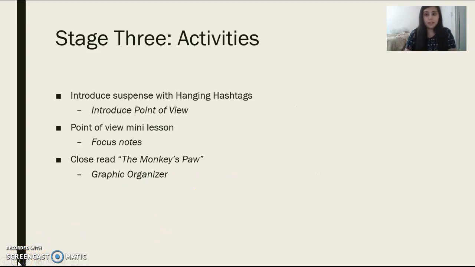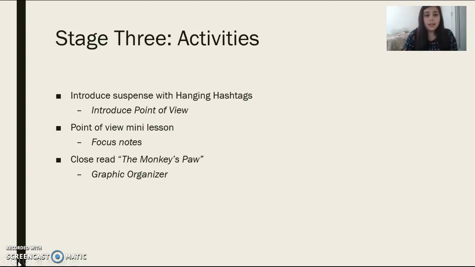And then finally, we have the activities we're going to use to teach what needs to be taught in order for them to be successful on the assessment and achieve our goals and objectives. So we are going to introduce suspense using our hanging hashtags. What that means is we'll put up a picture that has a very ominous mood to it, and the kids will write their thoughts on our little hashtag papers, their little cutouts, and they will go and put them up on the board.